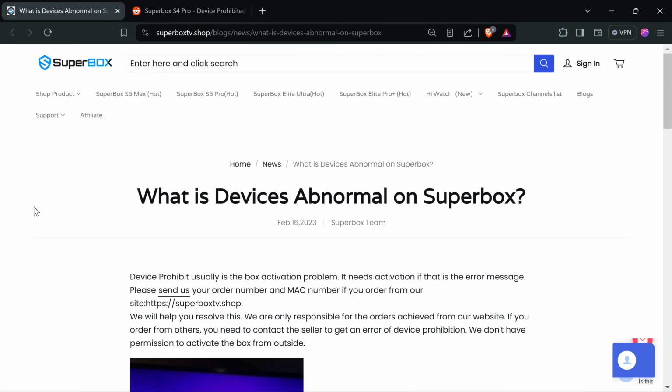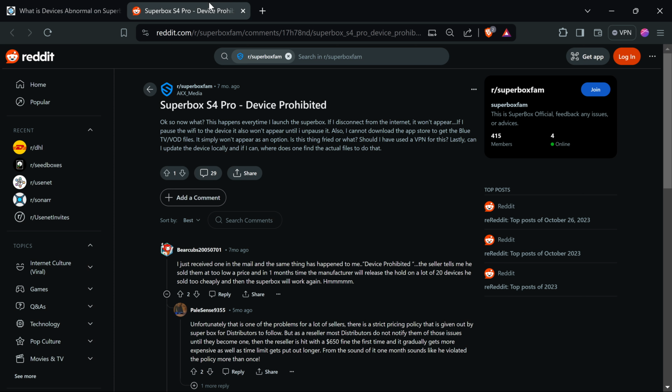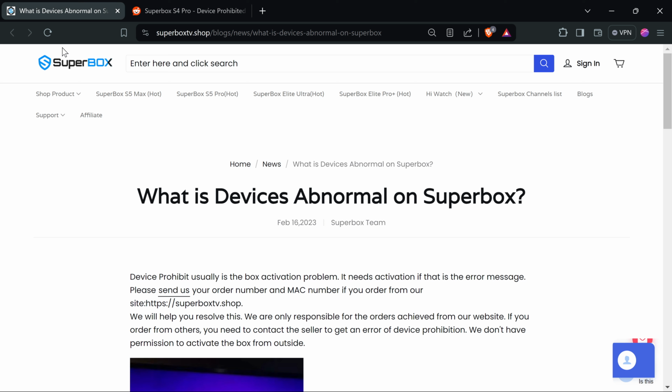All right. So you see here, it says "devices abnormal on Superbox," and there's a Reddit thread for the Superbox S4 Pro. So some of you are wondering, okay, this doesn't have anything to do with Magabox, but when I researched this, Superbox was the first thing that came up.